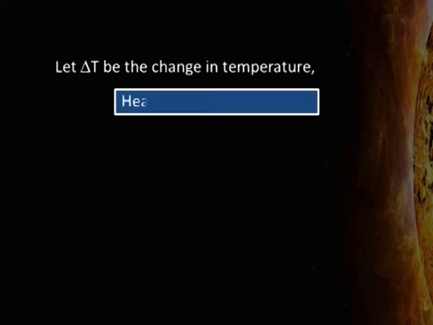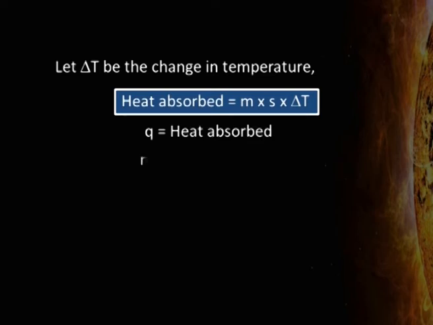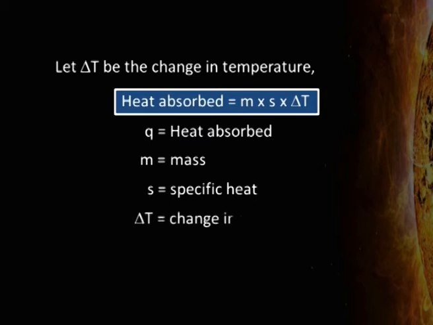Let delta T be the change in temperature. Now, we know that heat absorbed is equal to M S delta T. Heat absorbed is equal to Q, M is mass, S is specific heat in joules per gram per Kelvin, and delta T is the change in temperature.